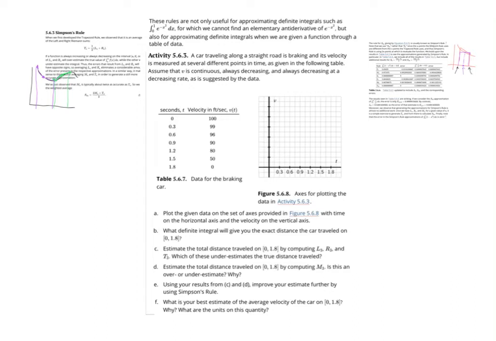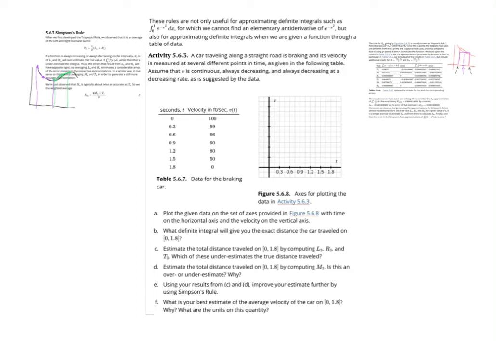What you'll notice is that the velocity is always decreasing, and it's actually always decreasing at a decreasing rate. The velocity function is decreasing faster and faster.